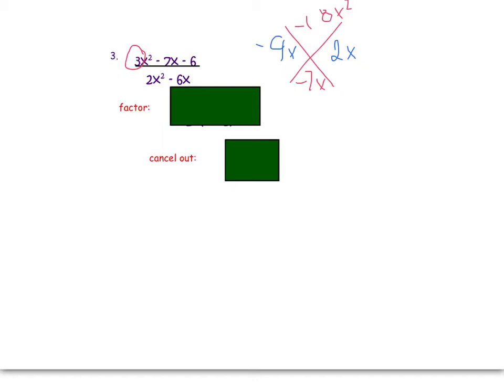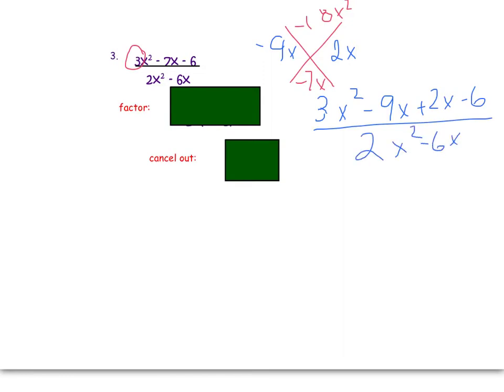So, just working with the top here, 3x squared, that's a little messy. 3x squared, I'll put my 9x there, plus my 2x, subtracting 6. And if we remember, that's all over 2x squared minus 6x.